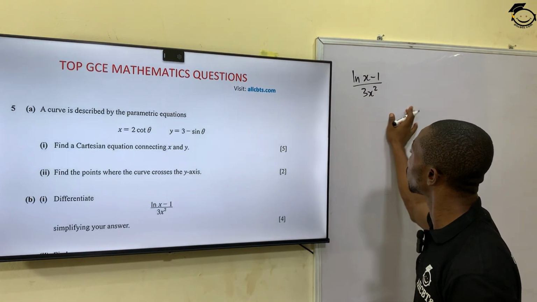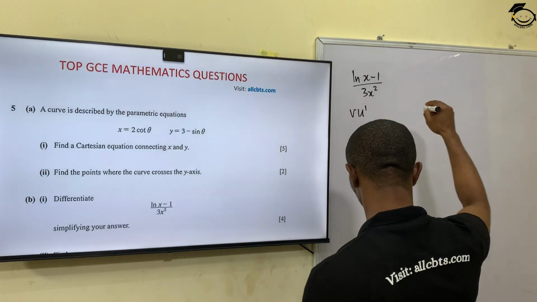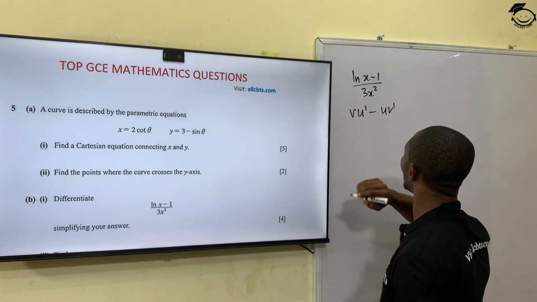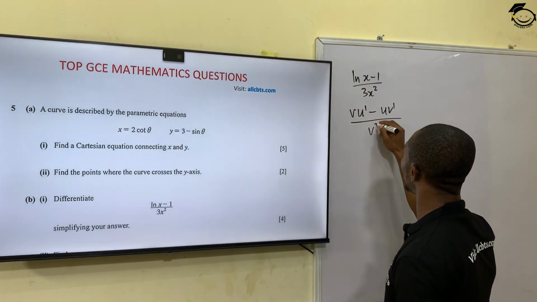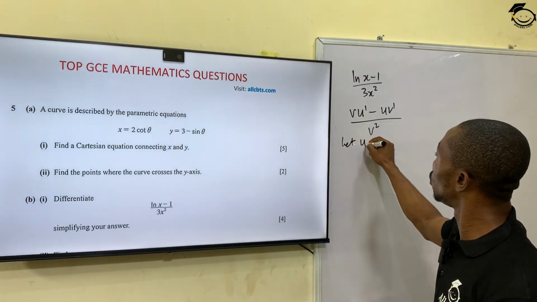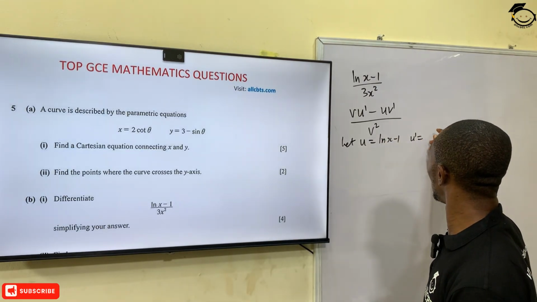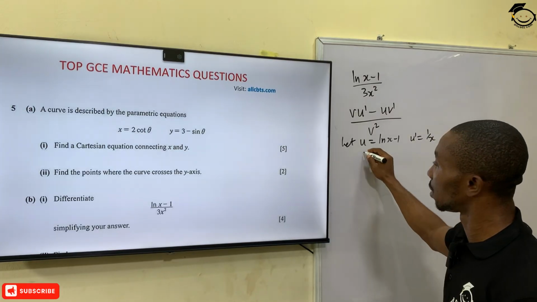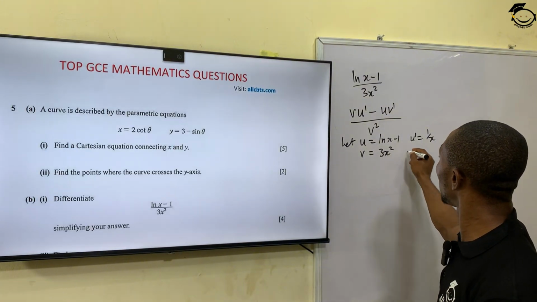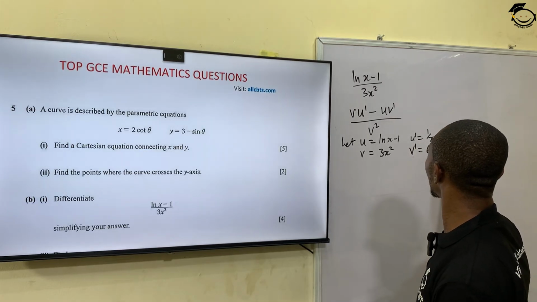Now, for us to work on this, we'll use our quotient rule, which is v du minus u dv all over v squared, where let u equals ln x minus 1, so our du will be 1 over x, and v equals 3x squared, and the dv will be 6x.